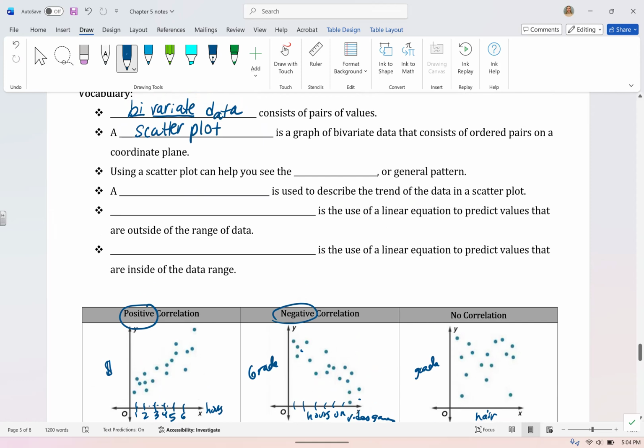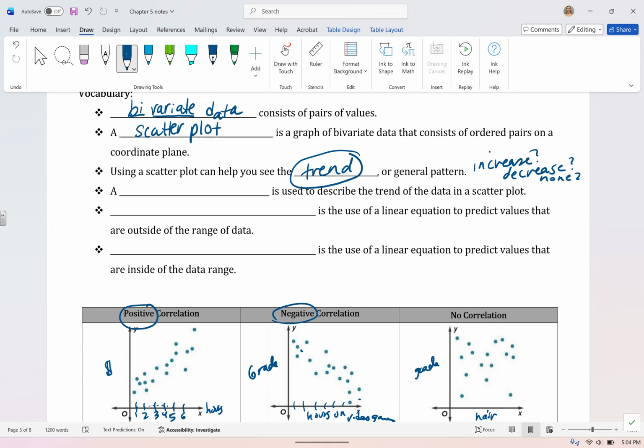Sorry. So you can see the trend of the data. Is it increasing or decreasing? Or is there none? So this is the trend.